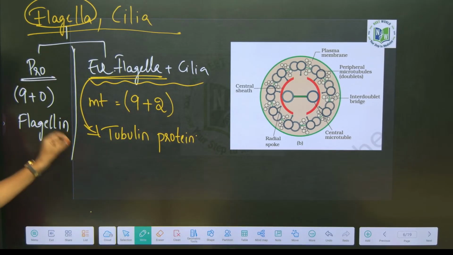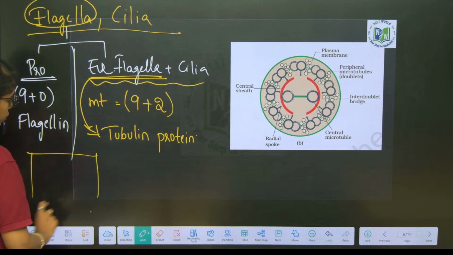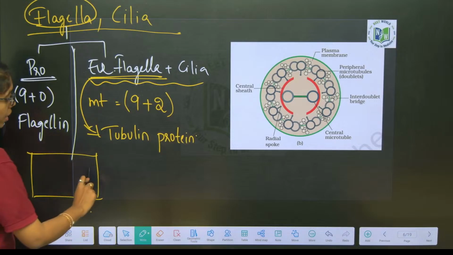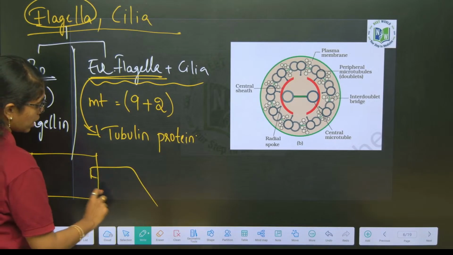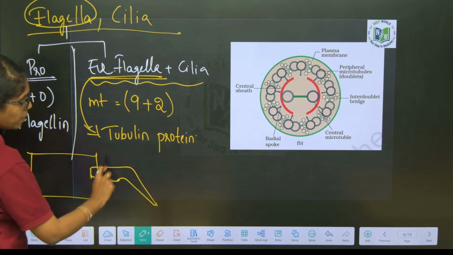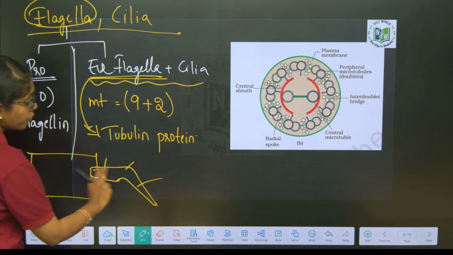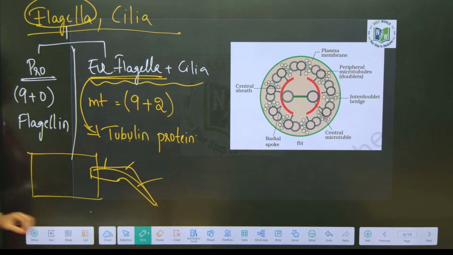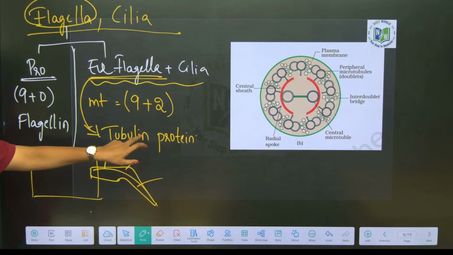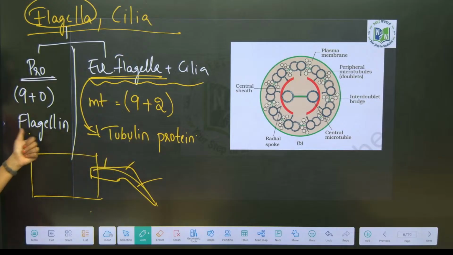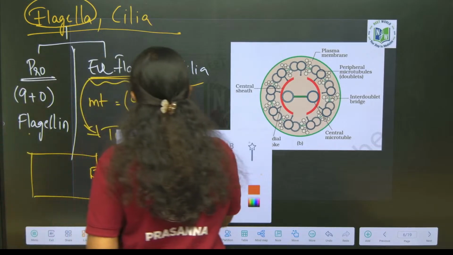It is the filament which is coming out from the basal body, right. So, if you consider this as cell membrane, flagella will be originating like this. It has basal body, filament, hook. This filament is made up of protein, and here in eukaryotic flagella it is tubulin protein, here it is flagellin protein. Understood? Yeah.